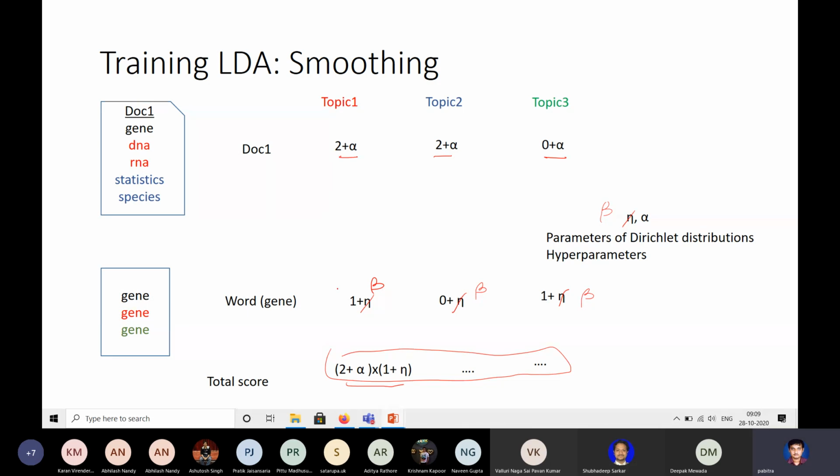Add a small smoothing factor alpha and beta to each of them, multiply them, so you get 3 different scores. Generate a color with probability proportional to the scores, label it as that color. Now keep that color as constant.